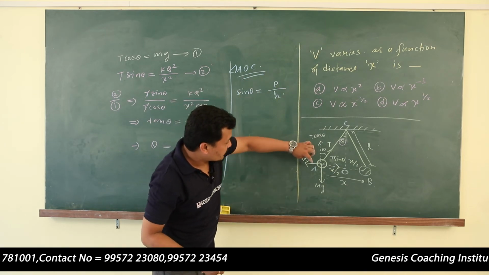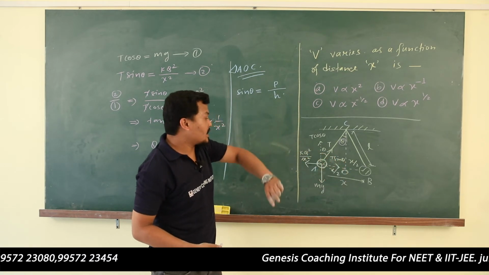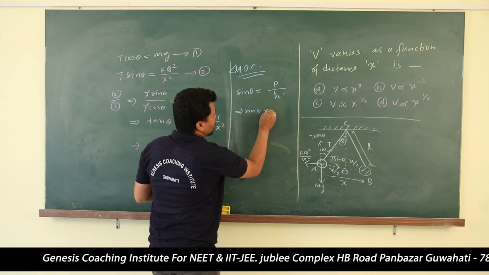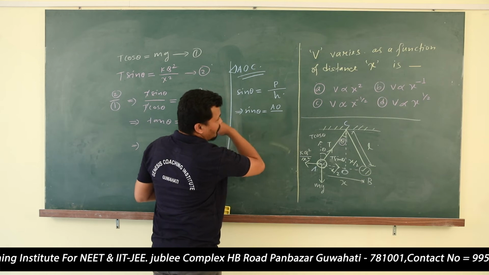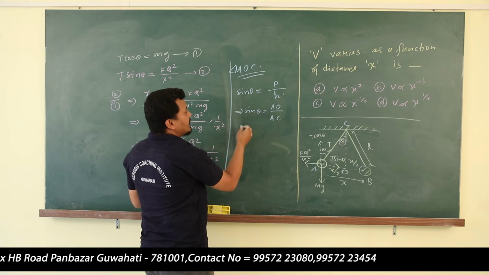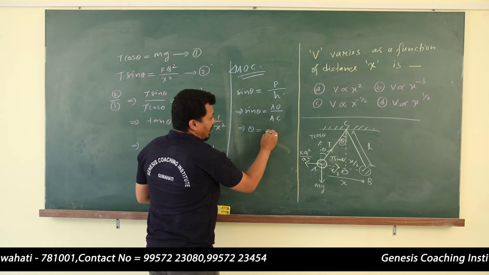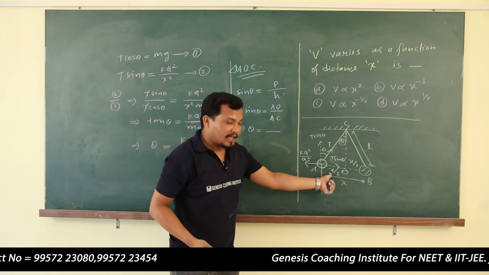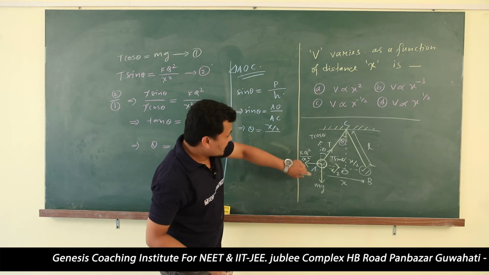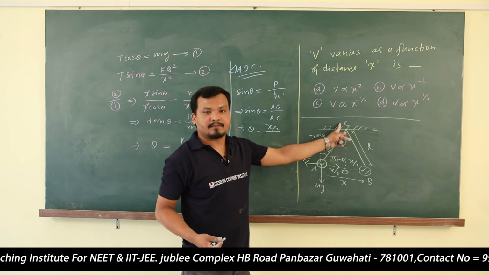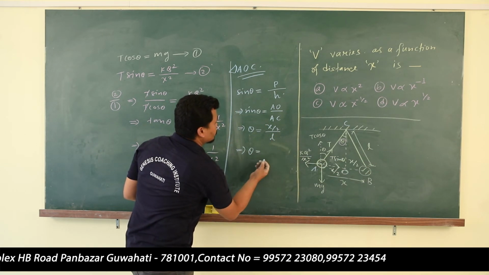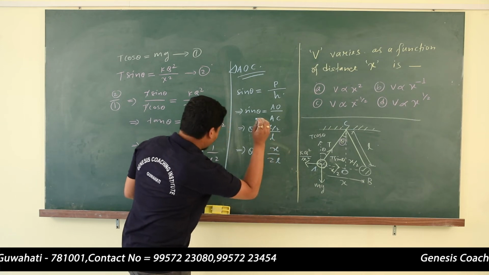The perpendicular is from A to O, and the hypotenuse is from A to C. Since sin theta is almost equal to theta, and A to O is x by 2, and A to C is the length of the string L, we get theta equals x by 2L.